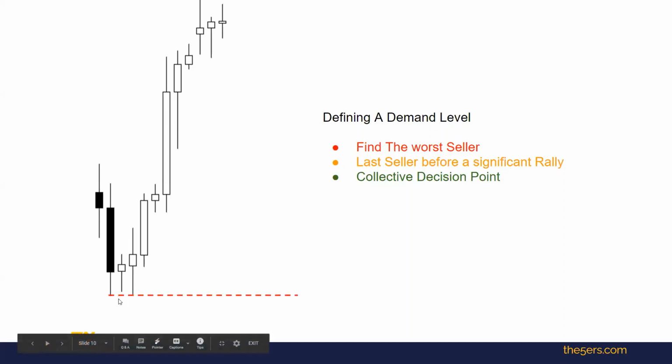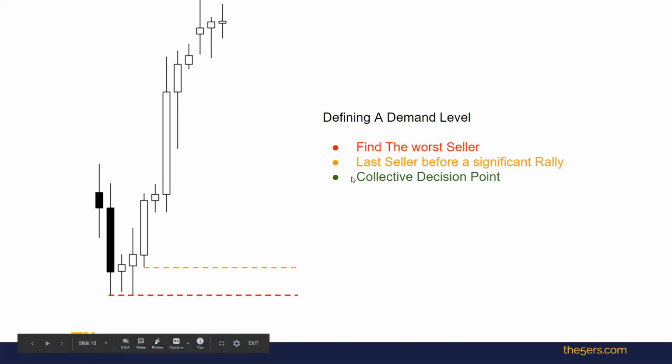The very last trade, the very last deal, was made at this extreme. Here we find the worst seller, the person that sold at the lowest price. He just lost on this trade, and there is a lucky buyer that bought at the very, very lowest price possible. Okay, this is one part of the pattern.